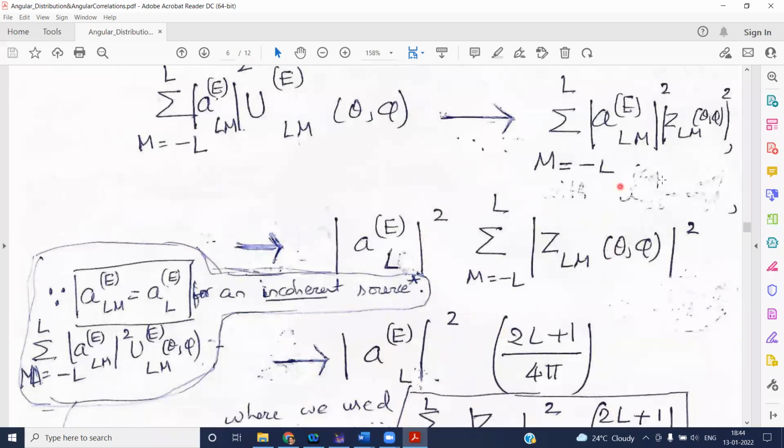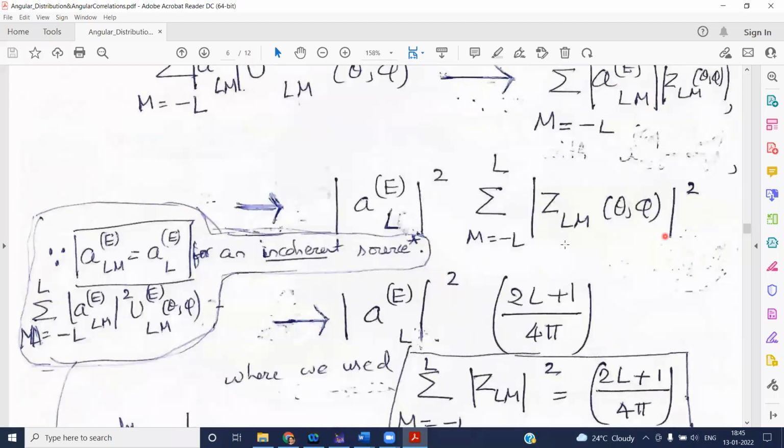Summation over M kills the theta phi dependence, and it gives you A_EL mod squared, because M dependence is assumed not to be there. If A_ELM is inside the summation, I can't simplify it. But if I can take it outside and sum over Z_LM of theta phi, the angular distribution function, it becomes independent of theta phi, and it gives you (2L + 1)/4 pi.